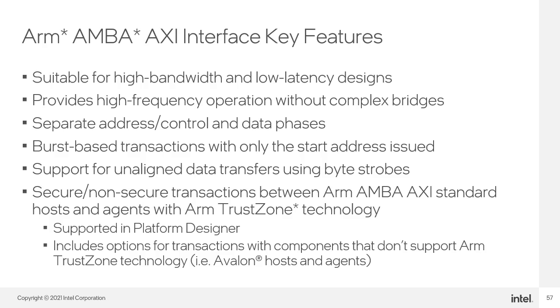Separating the address and data phases for all transactions allows for a number of features, including the ability to perform out-of-order data transfers. The standard supports bursting for all data transfers with only the starting address location issued to the agent. The AMBA AXI standard also supports data transfers that are not aligned at word boundaries through the use of byte strobes.